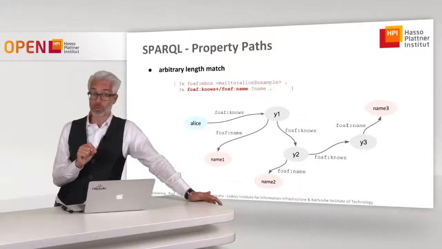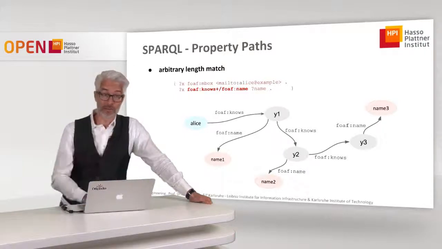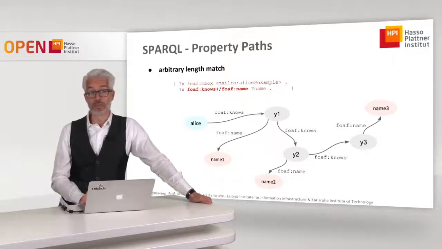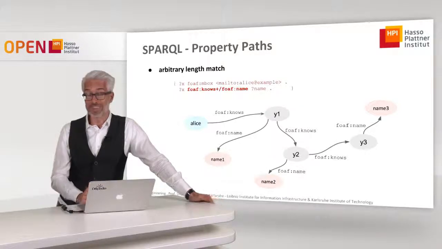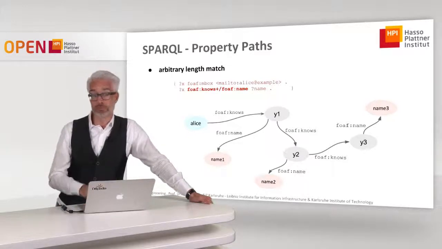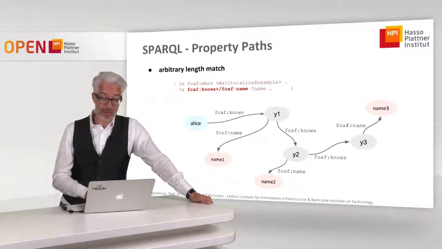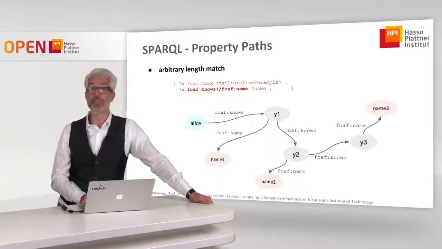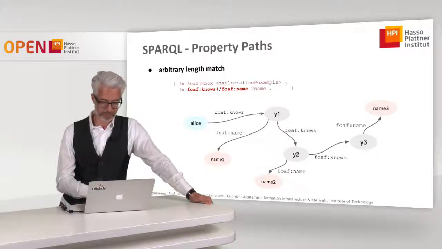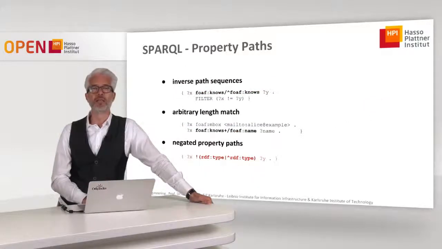Sometimes, if you are using property paths with paths of arbitrary length, you will exceed some limitations simply because determining an arbitrary path of possibly indefinite length would require too much time. But this can happen. Try it out in DBpedia. You will see where the limits are. So these are property paths of arbitrary length.